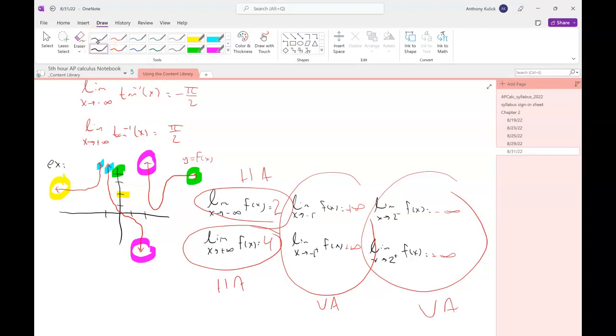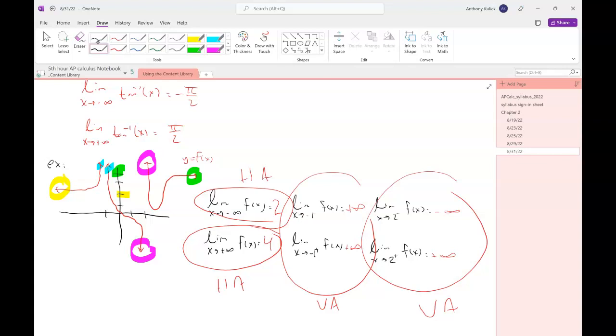The way we defined vertical asymptotes was if you have a one-sided limit that goes to either positive infinity or negative infinity, that constituted a vertical asymptote. That's what we saw in the circles in red. And then our new definition for a horizontal asymptote: if you have either end that goes to infinity and settles down to a specific value, those are horizontal asymptotes.